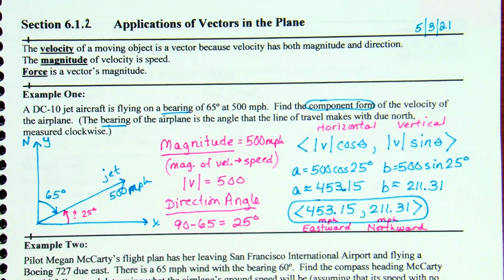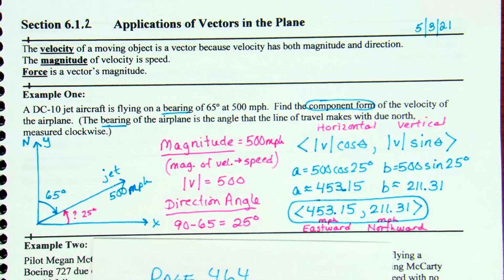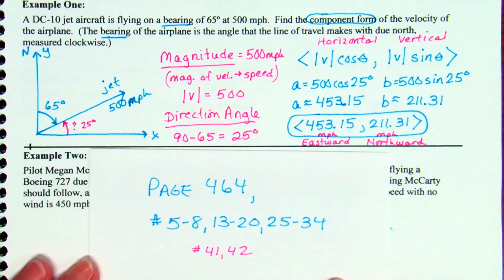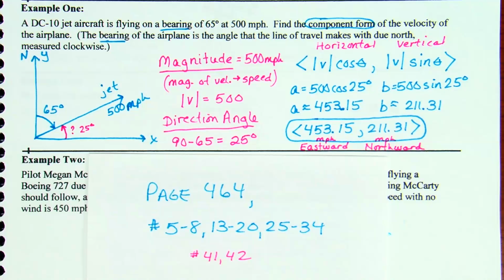Okay? So 41 and 42 should be like this problem we just did here. The full homework you should have complete, or will be complete, is page 464, 5 through 8, 13 through 20, 25 through 34.